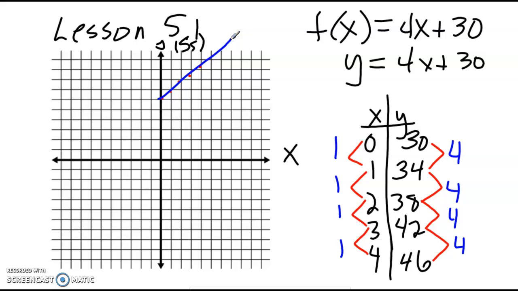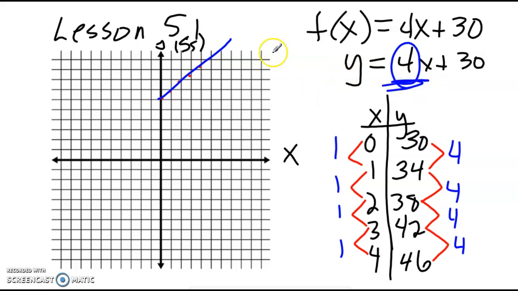And when it's that way, we have the same change in our y each time. And notice where we see that number 4 in our equation. Right there. Okay? So, same change in x, same change in y, and that change is noted in our equation.